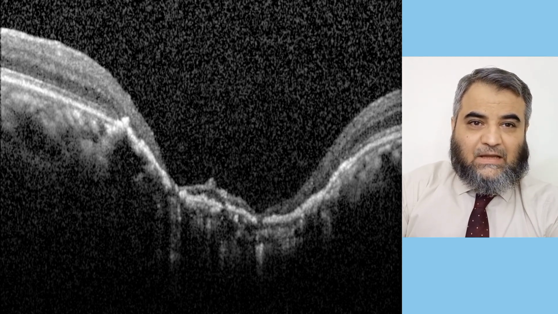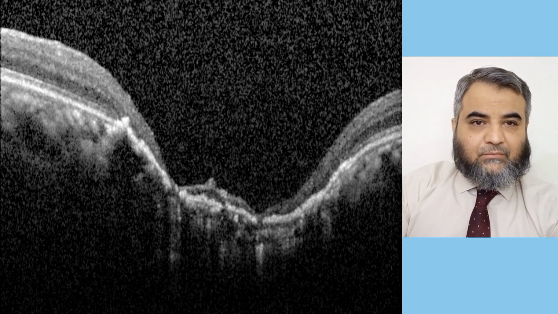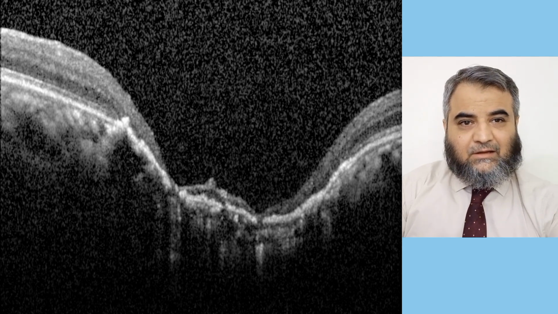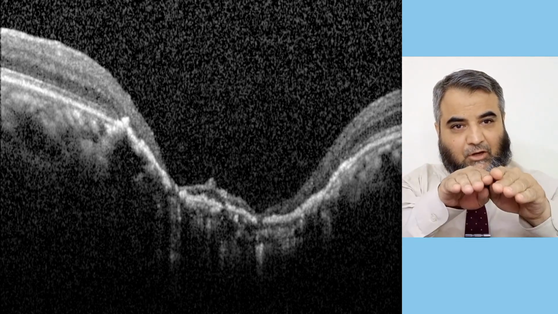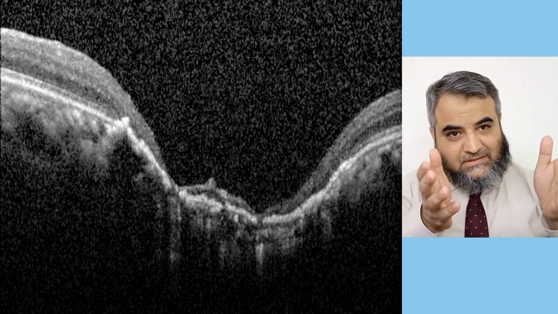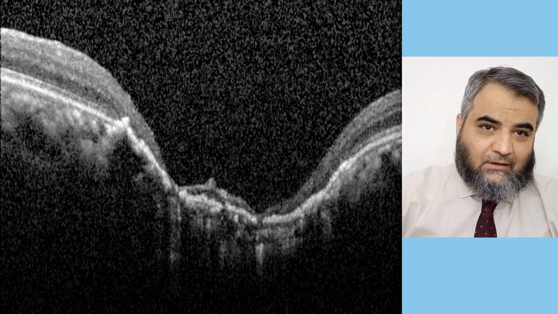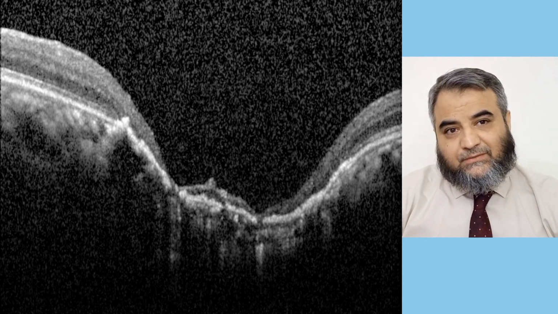Because of that localized circumscribed lesion, if you concentrate on the retinal layers, they immediately go into an excavation pattern downwards. They take a dip, and that excavation is retinochoroidal because of the destruction of the retina by the infection.